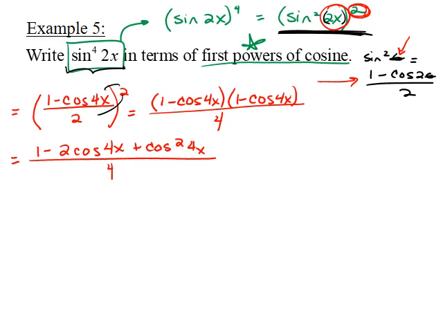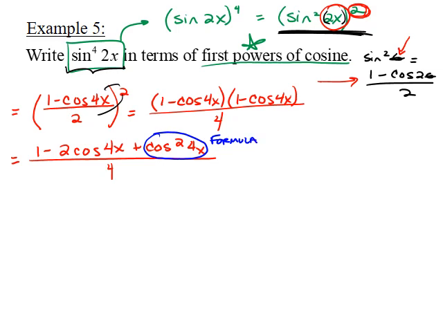Now, I want my answer to be first powers of cosine. And I have an issue right here because this is cosine squared. So I need to apply a formula here to eliminate that cosine squared.